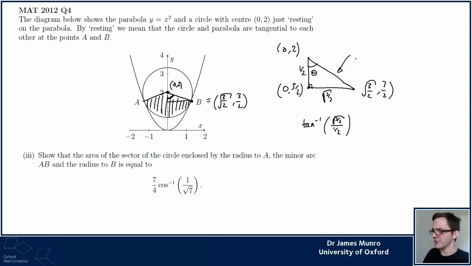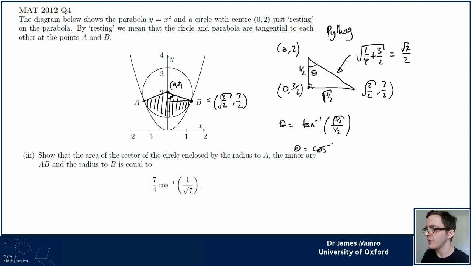I'm going to need to do Pythagoras, aren't I? So Pythagoras, to find the length of that line, that's going to be the square root of 1/4 plus 3 over 2. I think 3 over 2 is 6/4. This is root 7 over 2. Okay, so my radius is root 7 over 2. And this angle is going to be theta.